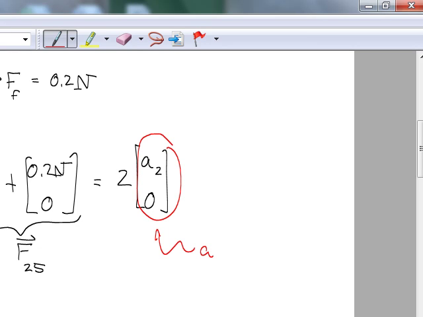This is the acceleration vector for the 2 kilogram box.